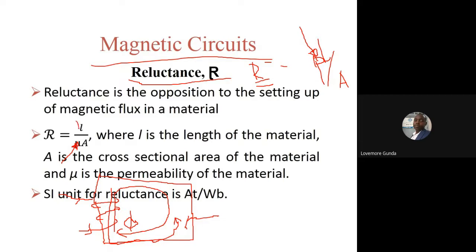So L over A is similar in both cases, but in resistance we multiply by resistivity, and in reluctance we divide by permeability.